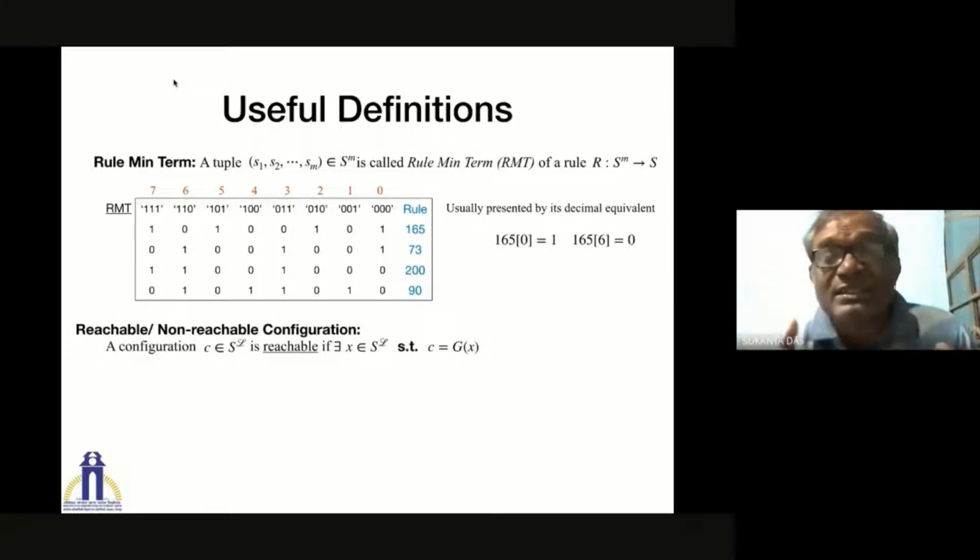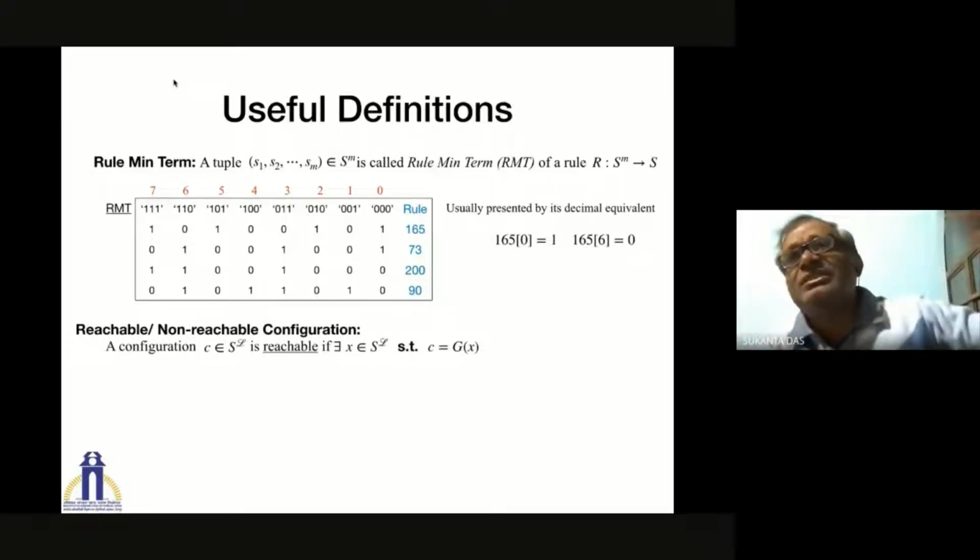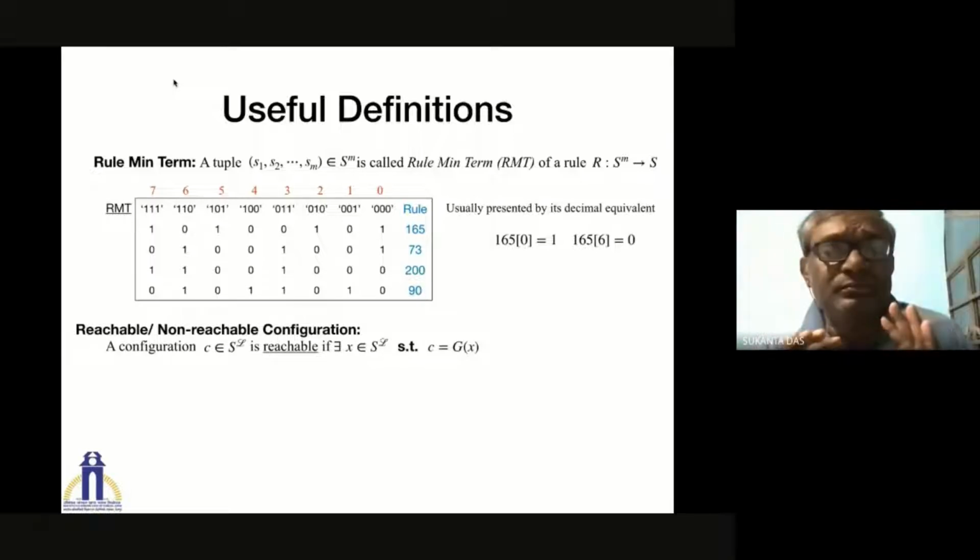For the finite cases, we love to call such configurations non-reachable configurations. You may use the term non-reachable, Garden of Eden configuration, but mainly to distinguish it from the classical notion, we have renamed it, right? So reachable and non-reachable configuration, these terms are generally used for finite cases.